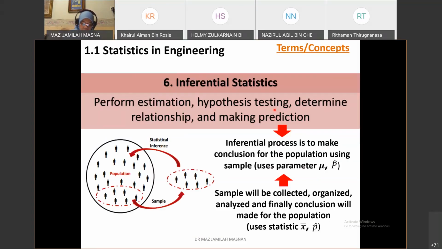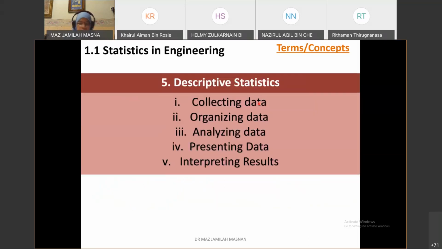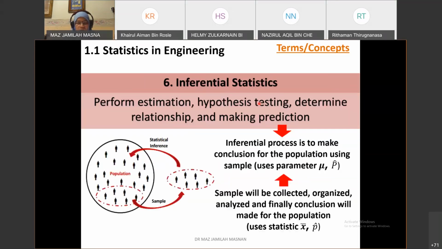In addition to what I have mentioned just now, inferential statistic is used to perform estimation, hypothesis testing, determine relationship, and make prediction. So you can see, unlike descriptive statistic where a simple process is involved, when we are talking about inferential statistic, you will go back to the concept of statistical literacy, statistical knowledge, statistical thinking, statistical reasoning.